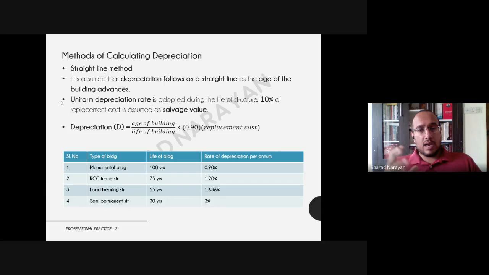If you consider RCC frame, it is 75, load bearing 55, semi-permanent 30, and so on. These are the methods in which we try to calculate the life of the building. So this rate of depreciation per annum can be considered as the amount that it is going to depreciate for a building which is actually the same age as the life of the building.